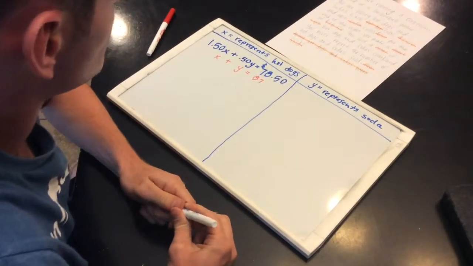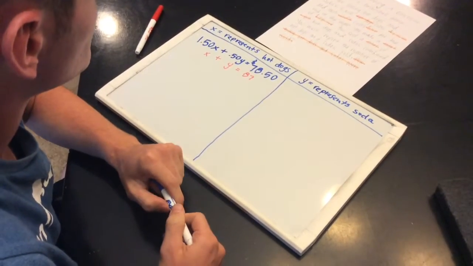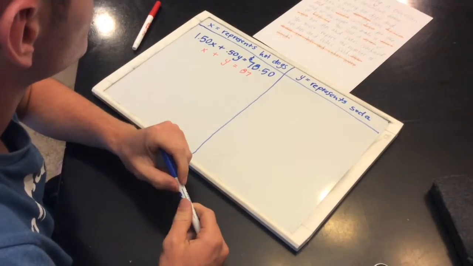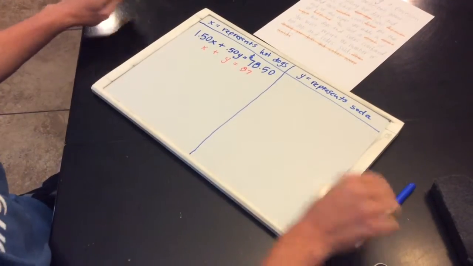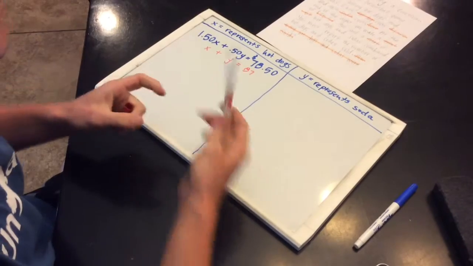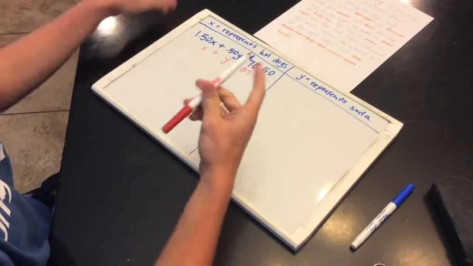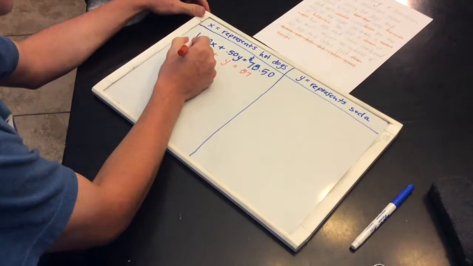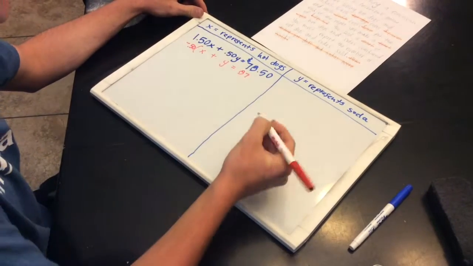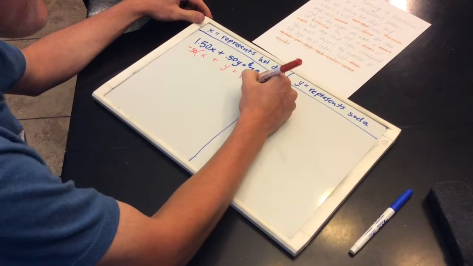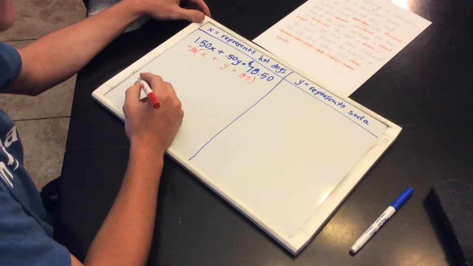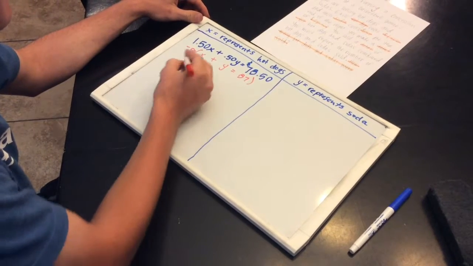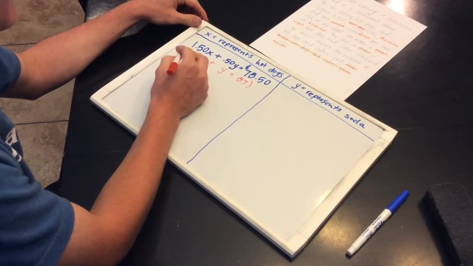So to solve this, we need a commonality between the equations. So to do this, we're going to multiply this bottom equation by negative 0.5. Then that leads us to our next step.